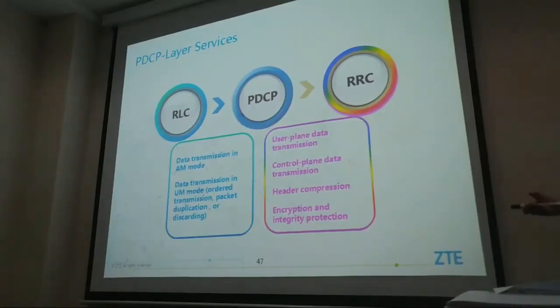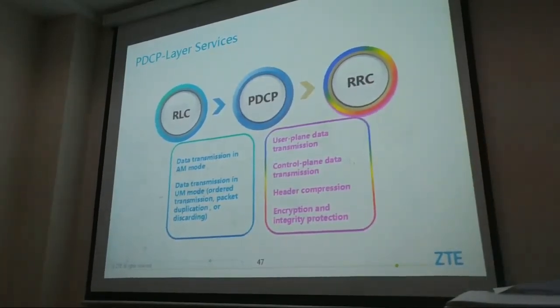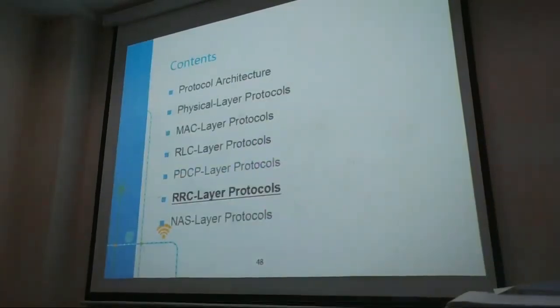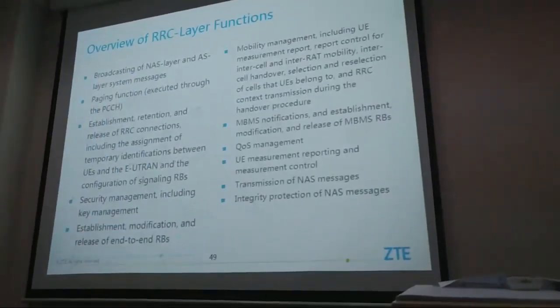So the RLC layer will deliver the data transmission to PDCP, and PDCP will deliver to RRC. For control plane and user plane, it goes to the upper layer. So that is the PDCP layer. The RRC layer is actually the control information.